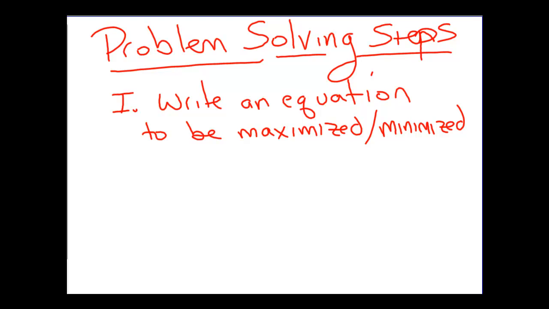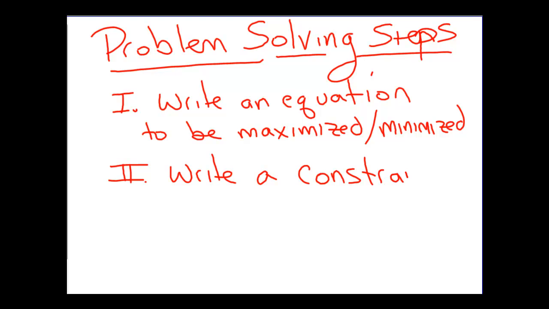Secondly, we generally will have a constraint. There will be some restriction on the values that our variables can take. So we will also be writing a constraint equation, and we will do several examples in this lecture and get some sense of what we're looking at here.